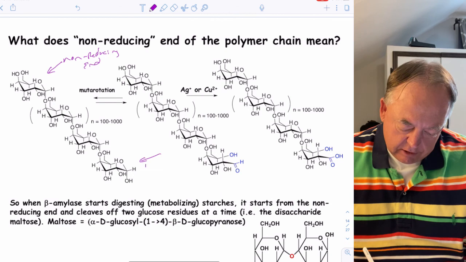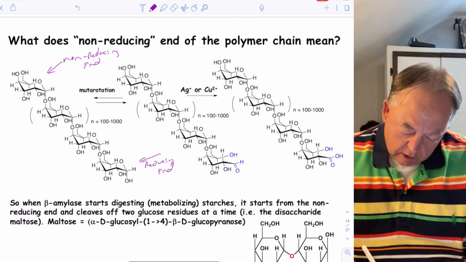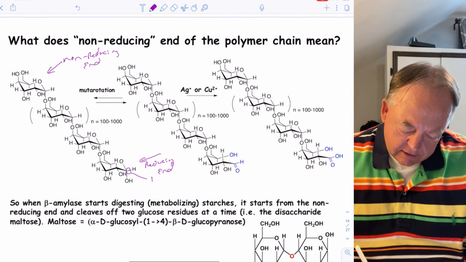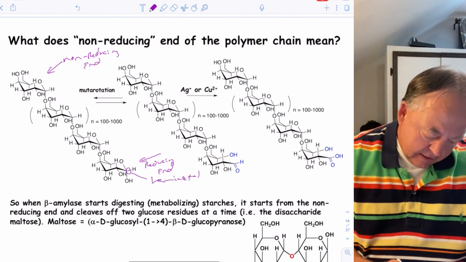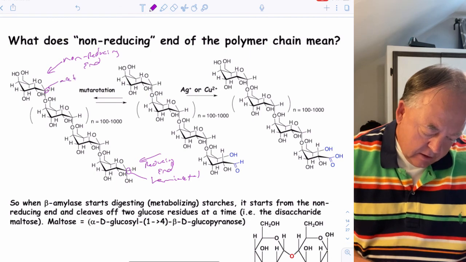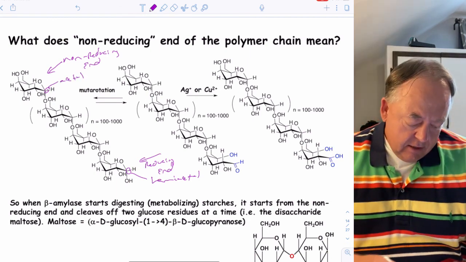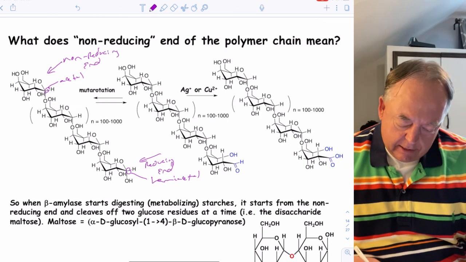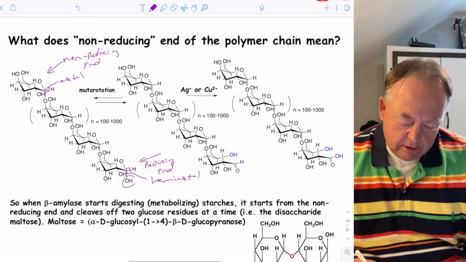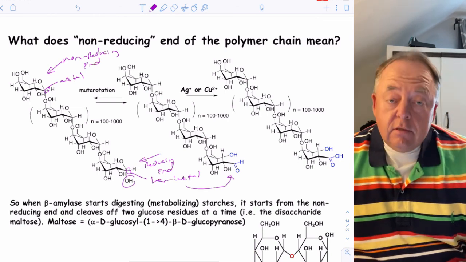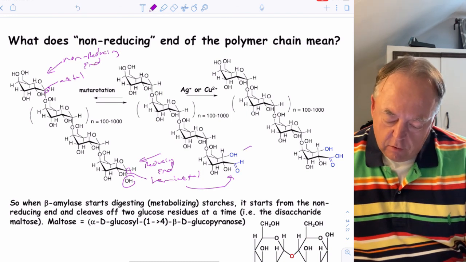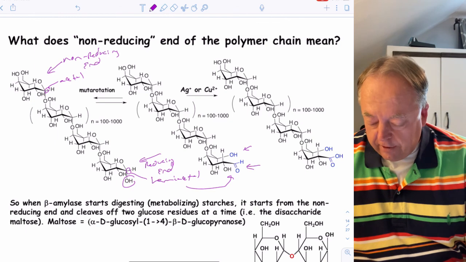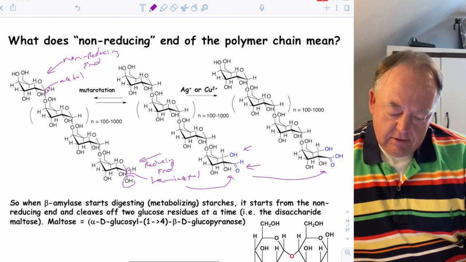This is the reducing end, which is susceptible to oxidation because that is a hemiacetal, whereas that is an acetal. That's a glycosidic bond linking two carbohydrates. This is a hemiacetal because it has an OH on it, so that can open up, through the process of mutarotation, to give you the free alcohol and the free aldehyde, which can then be oxidized.